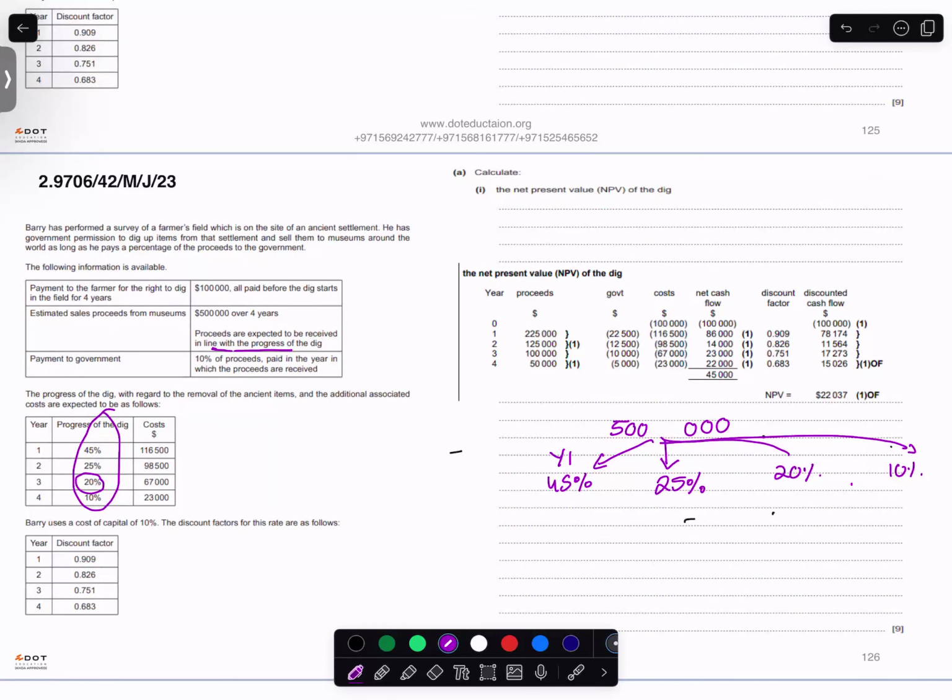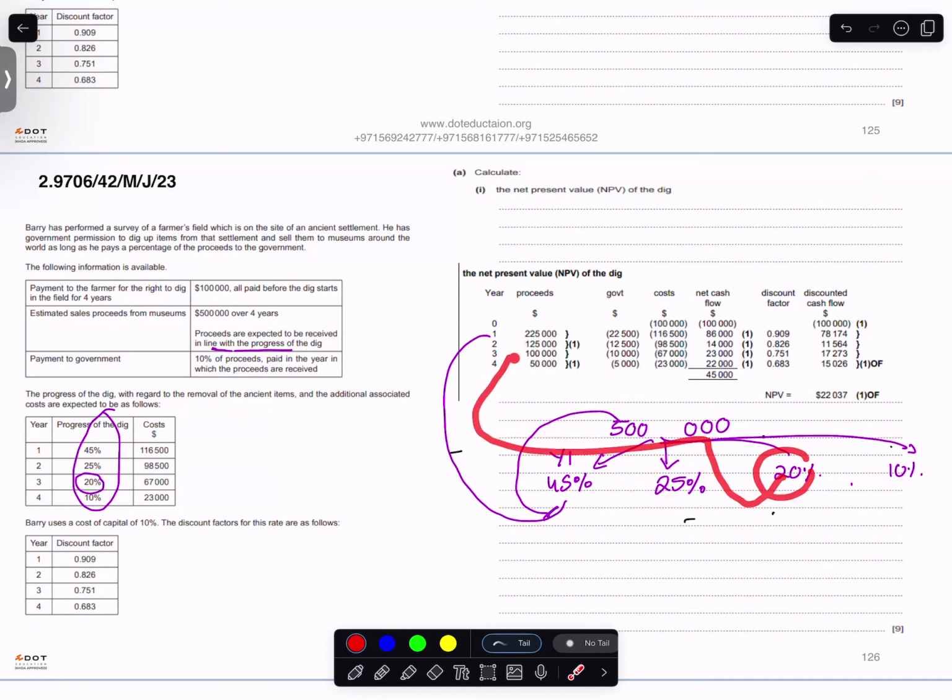So you are going to receive 45% of 500,000, that is 225,000 in year 1. 25% of 500,000, that is 125,000 in year 2. 20% of 500,000, that is 100,000 in year 3. And 10% of 500,000, that is 50,000 in year 4.